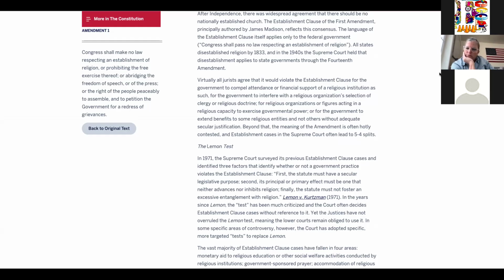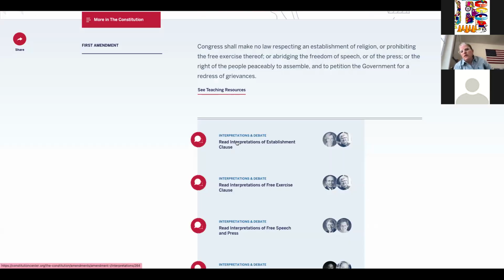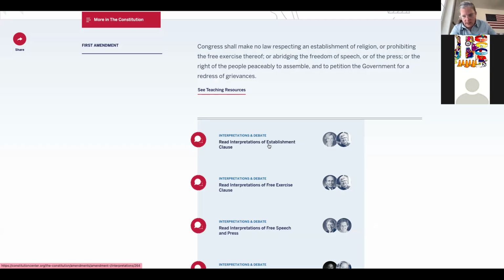When you press on your amendment, what do you press next? Then you're going to press, let me go back. Do you see anything under the amendment that says interpretations and debate? Click the first box. The first few paragraphs of that should give you a history on the amendment itself.